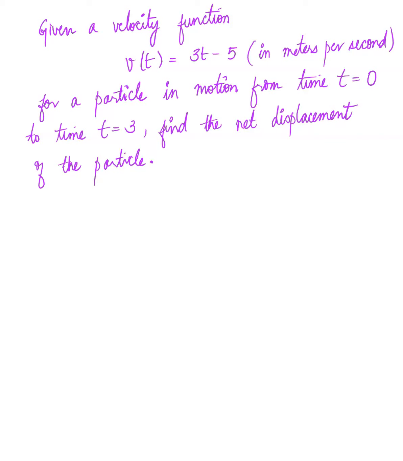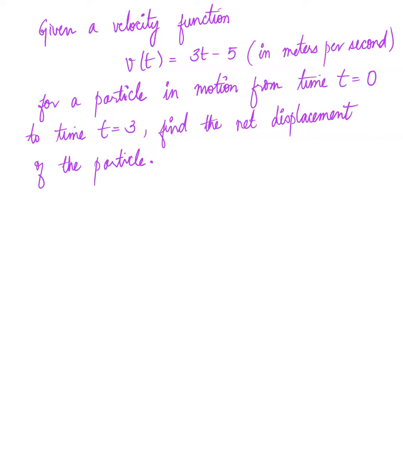And you're looking at this, this is going to be an infinite line, but we are only looking between t equals 0 and t equals 3. So you can focus on just that portion and shade that region. And basically you're trying to find the area of the shaded region. And because it is a question on net displacement, you have to consider the positive and the negative areas and keep the negative area negative, the area below the t-axis.